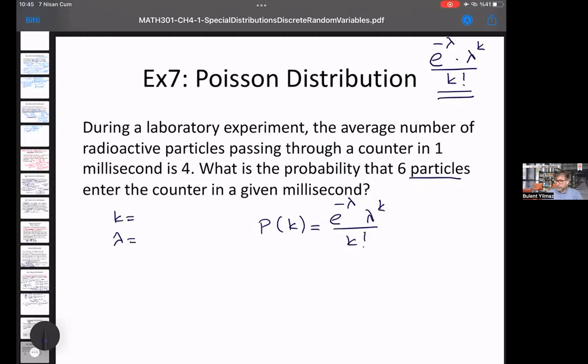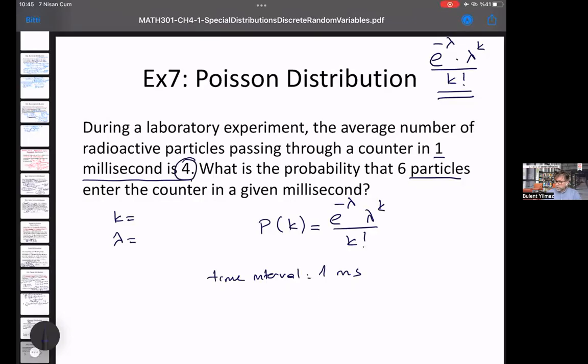So during a laboratory experiment, the average number of radioactive particles passing through a counter in 1 millisecond is 4. So what's the time interval? Time interval 1 millisecond. What is the average number of radioactive particles?